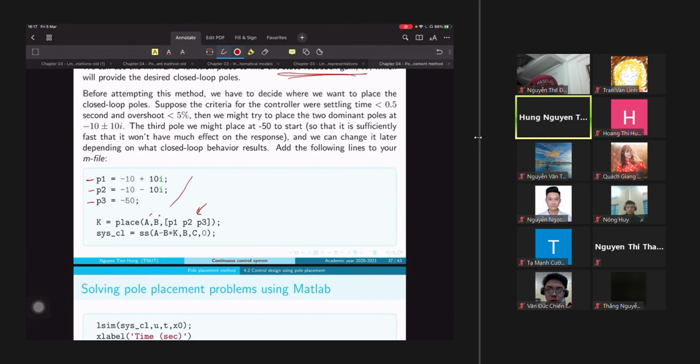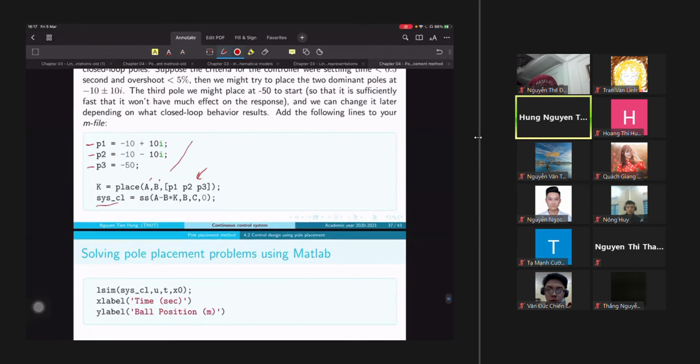With this K, you now see that we have the closed loop system. We close the system with the ss command, and now we have A minus BK. For the ss command, you have to put A, B, C, and D, but in this case D equals 0.